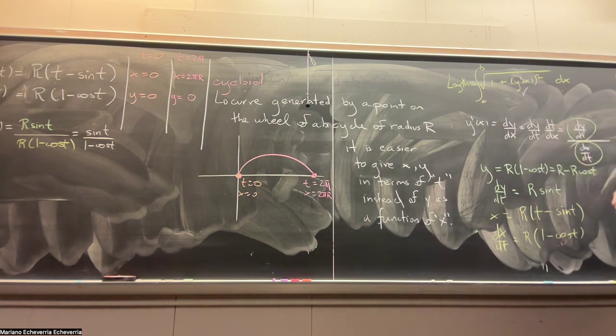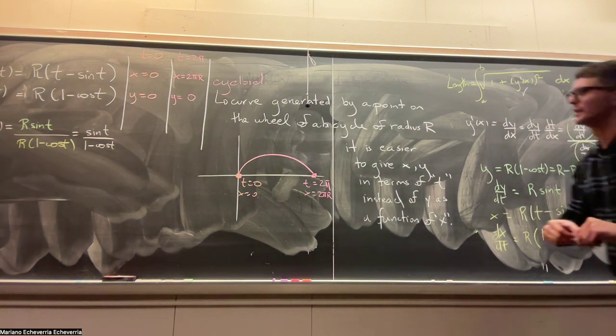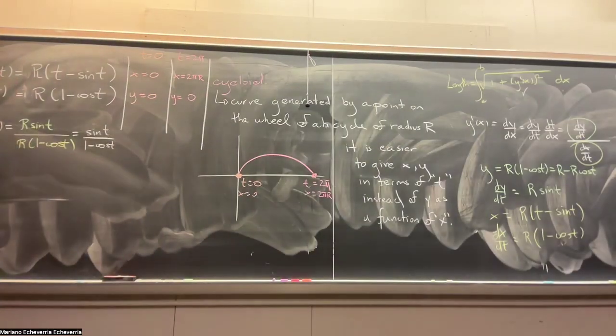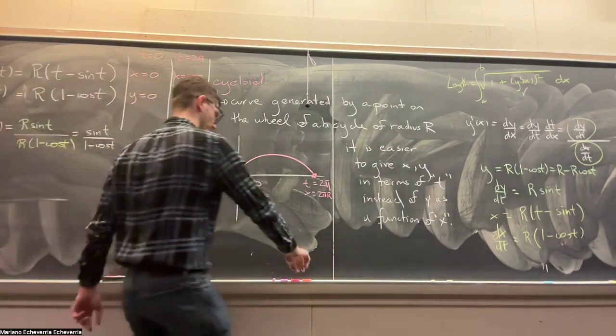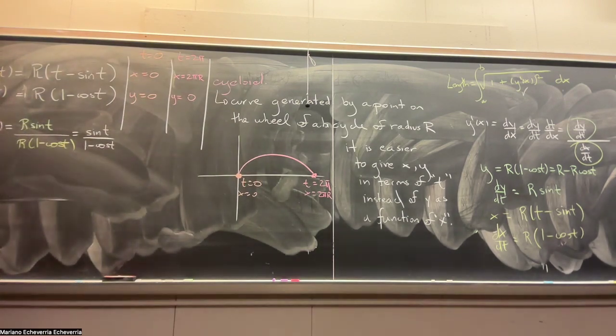Dx, I do need dx, but dx is kind of hidden in this step. What is dx in terms of dt? Well, we know that dx dt is r times 1 minus cosine of t. So it's kind of like a use-up kind of thing, right?